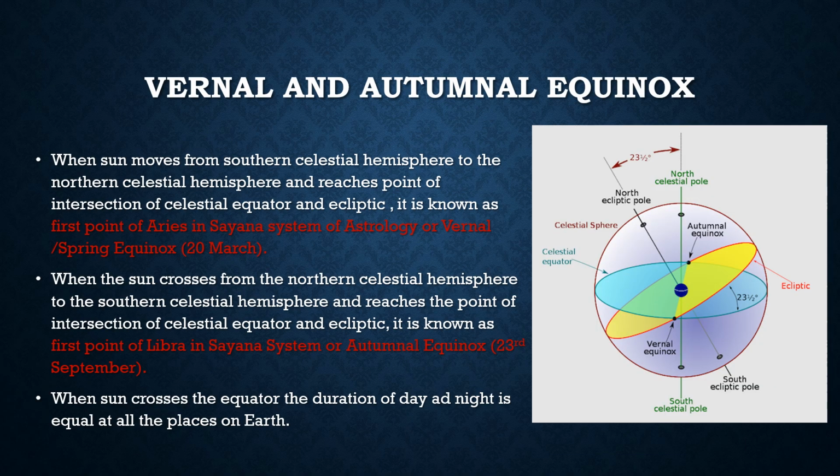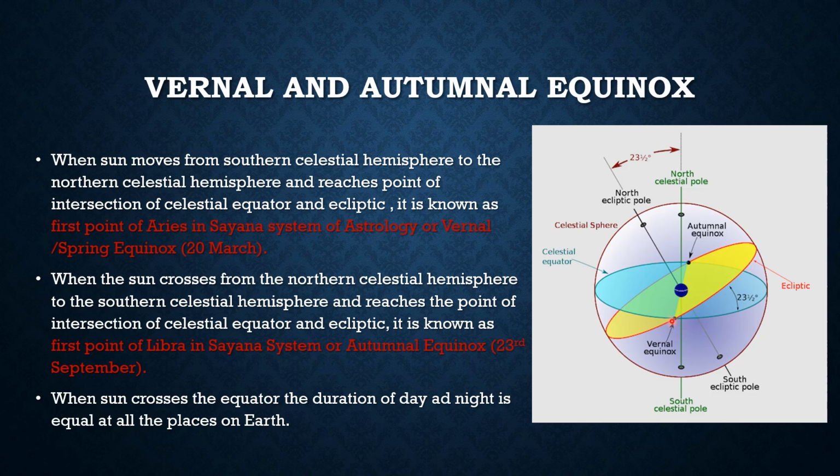So what is the vernal equinox? First see that, this is the path of the sun. When it is moving from the southern celestial hemisphere to the northern celestial hemisphere, it will reach a point where the celestial equator and the ecliptic intersect.